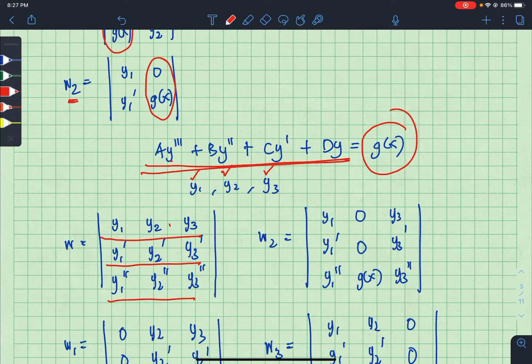So that is how to find the solution of a given higher order differential equation using variation of parameters. For the sake of our discussion, we are just going to limit our order of equations up to third order, so that would be a 3 by 3.